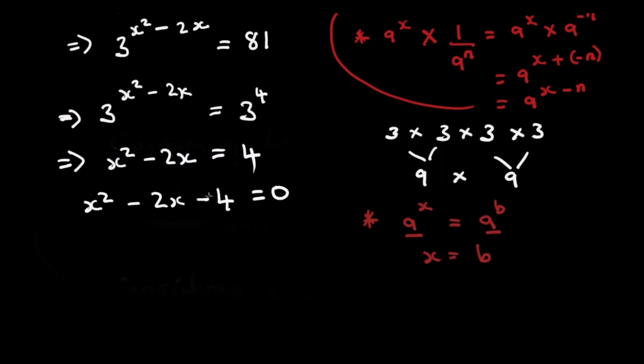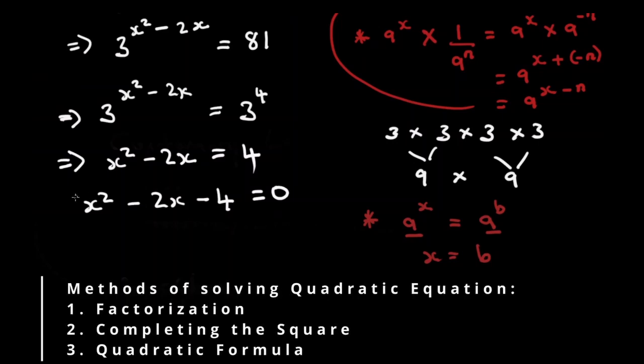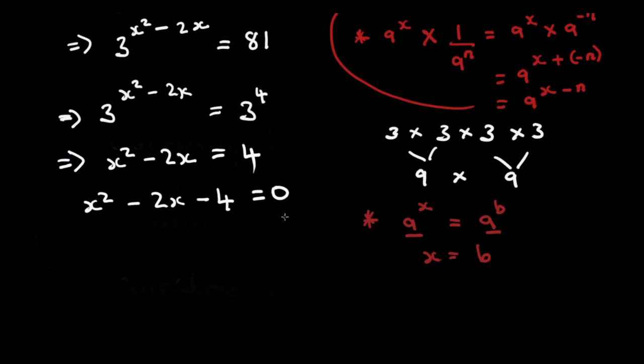We have the simpler method, which is the method of factorization. We have the method of completing the square. Then we have the method of using the quadratic formula. So let us start and attempt to factorize this quadratic equation using the method of factorization.